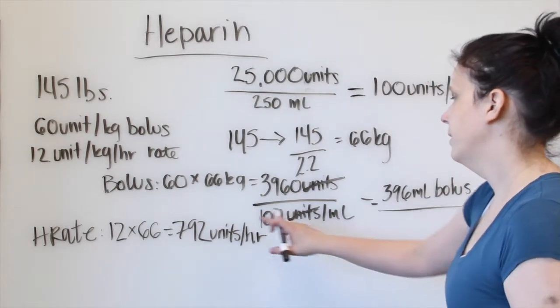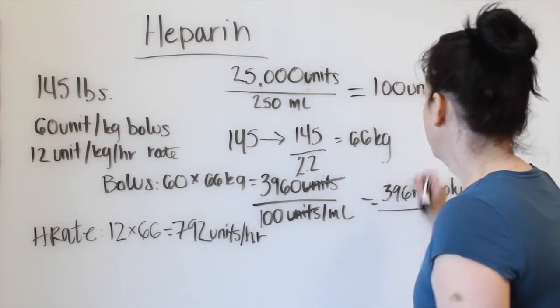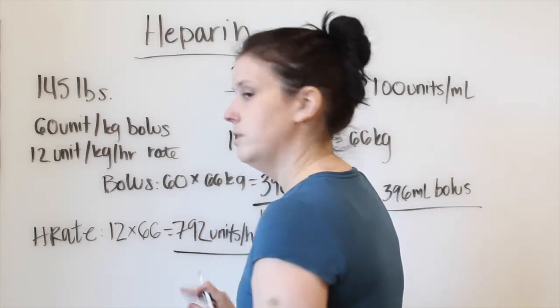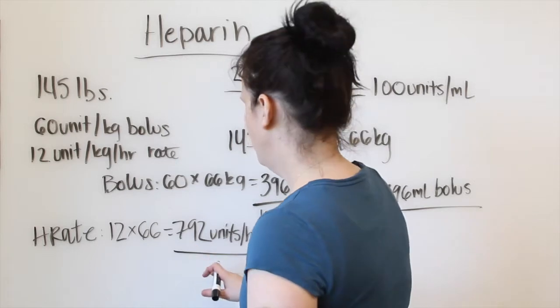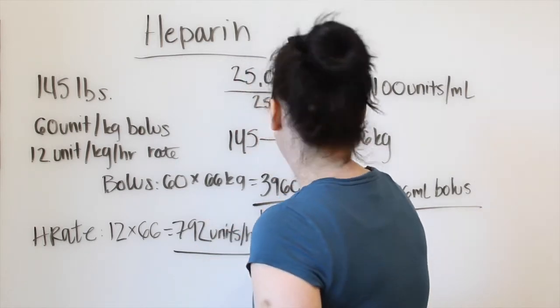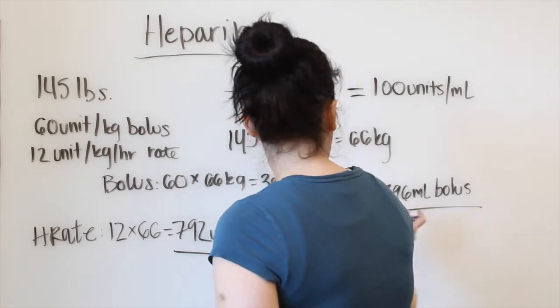So again, we're going to have to divide to figure out our hourly rate to plug in our pump. This is one thing that also you don't want to be eyeballing. This needs to be on a pump as well as your insulin drip.